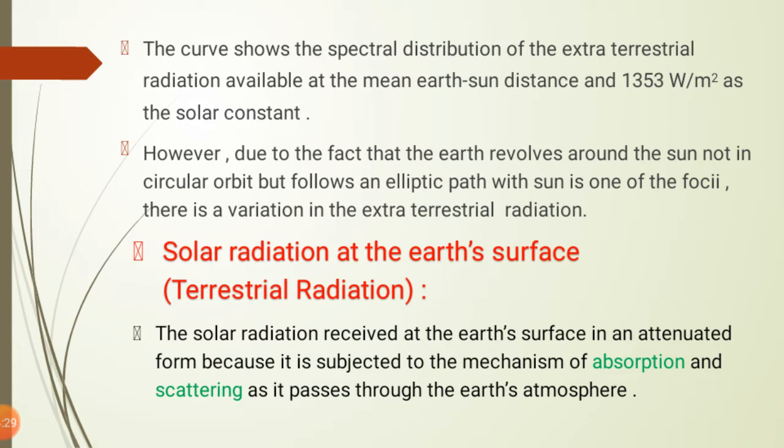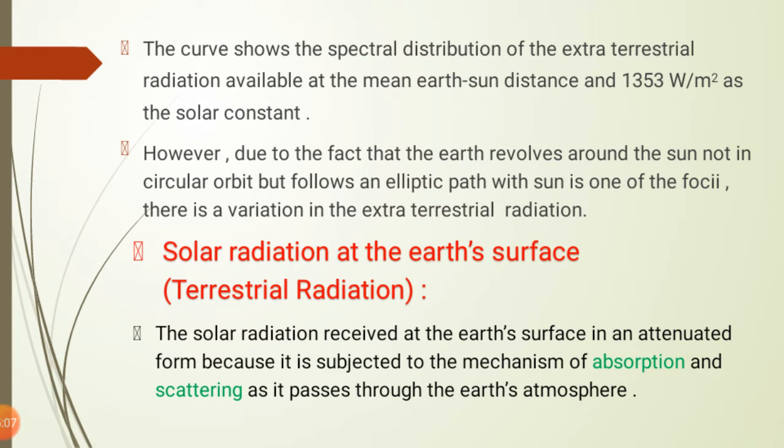Now the next point of our chapter is the solar radiation at the Earth surface. Before this, we discussed the solar radiation outside the Earth atmosphere. In this part we will study the solar radiation at the Earth surface, that means the solar radiation which passes through the Earth atmosphere and then reaches the Earth surface.